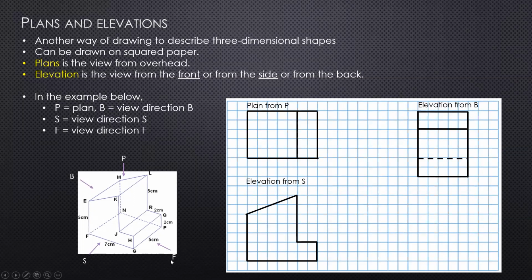And then the elevation from P, and from F, will be from here. That means we can see this rectangle, this PQGH rectangle, and you also can see this one, KLRJ. We also can see this, and this one hiding at the back, we put that as dotted line.